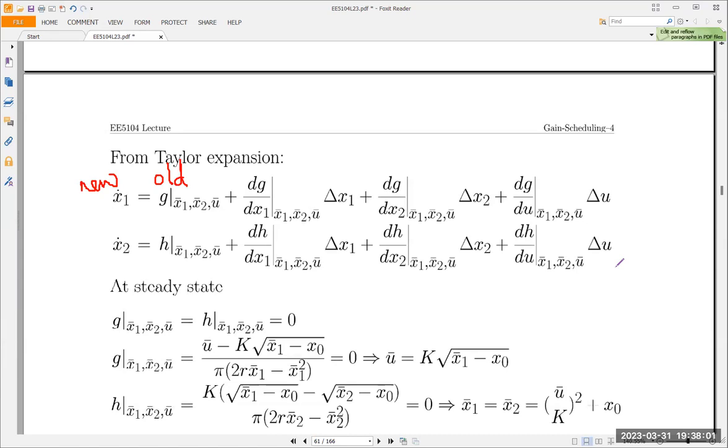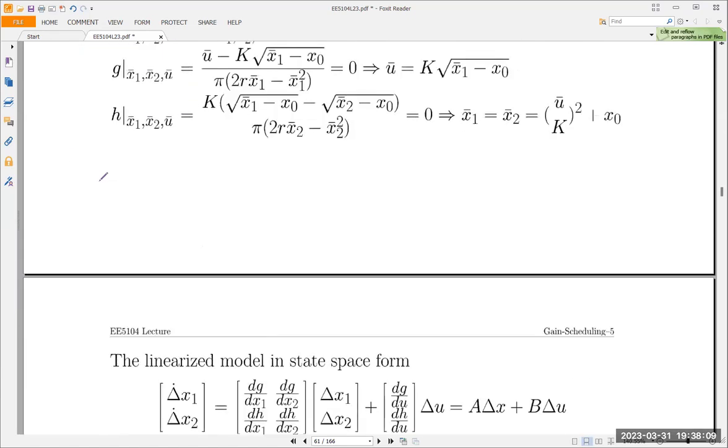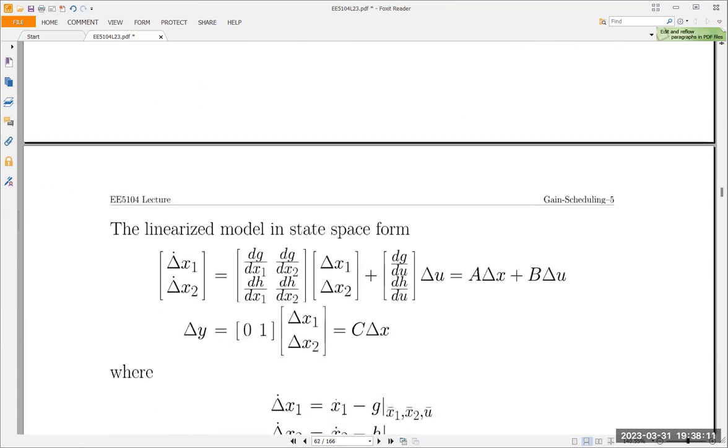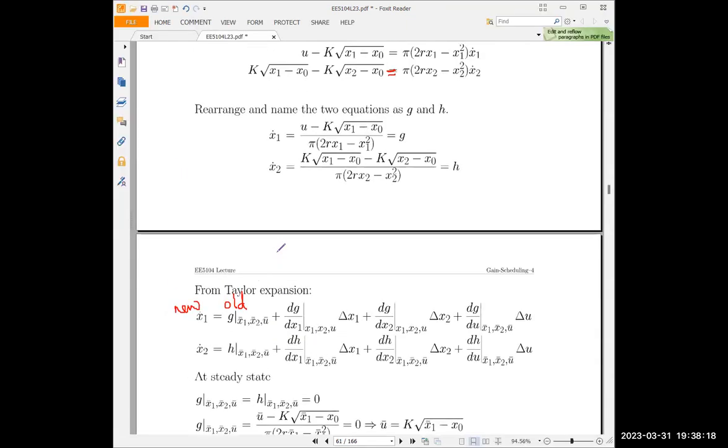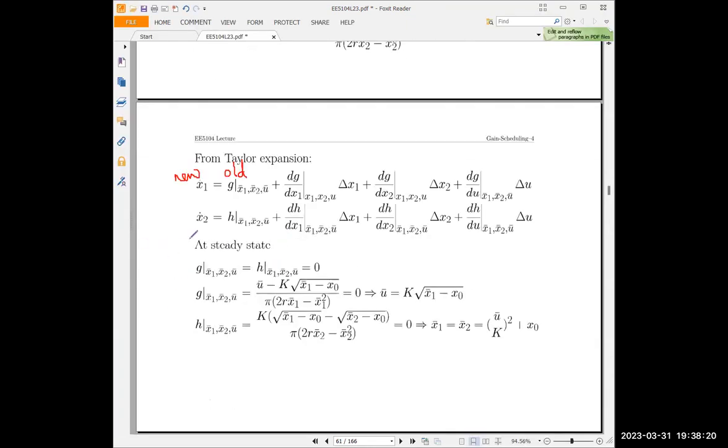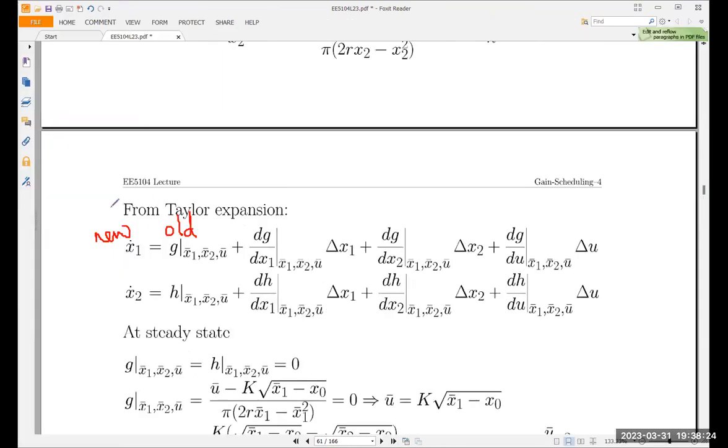Then after that, if you see this, you just do some reorganization. Bring this over here. All right, bring this over here.